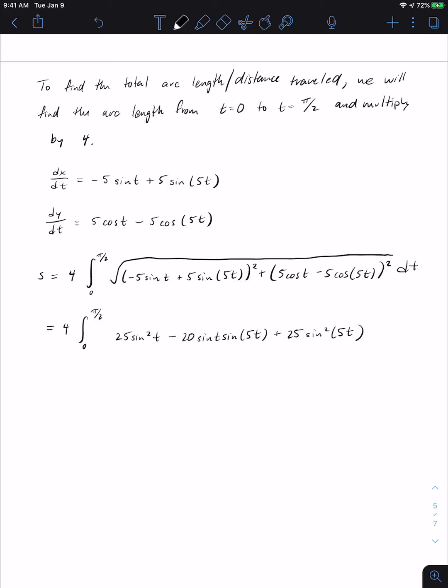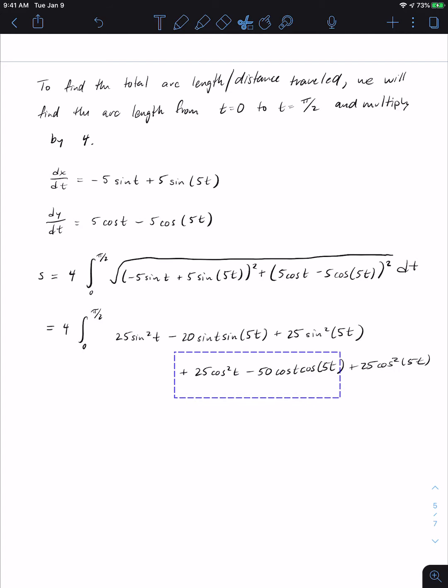That's squaring out the first binomial. Now squaring out the second binomial, I get 25 cosine squared of t minus, again, 5 times 5 is 25, times 2 is 50 cosine of t cosine of 5t, plus 25 cosine squared of 5t.